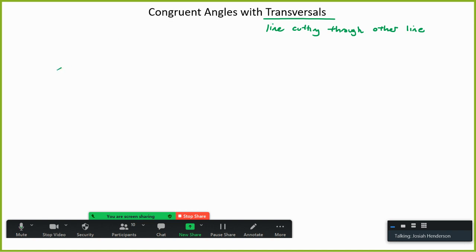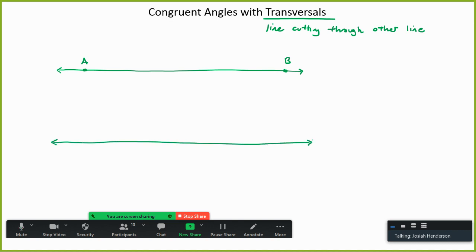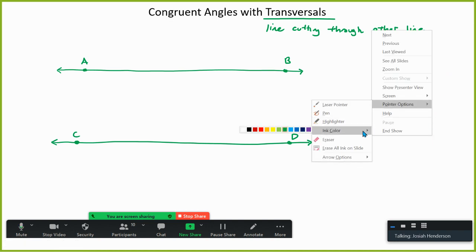So here's going to be 2 parallel lines. Line AB, below it, parallel to it, we'll have line CD. So these are parallel, they're never crossing. The transversal is going to be a 3rd line cutting through the 2 parallels.